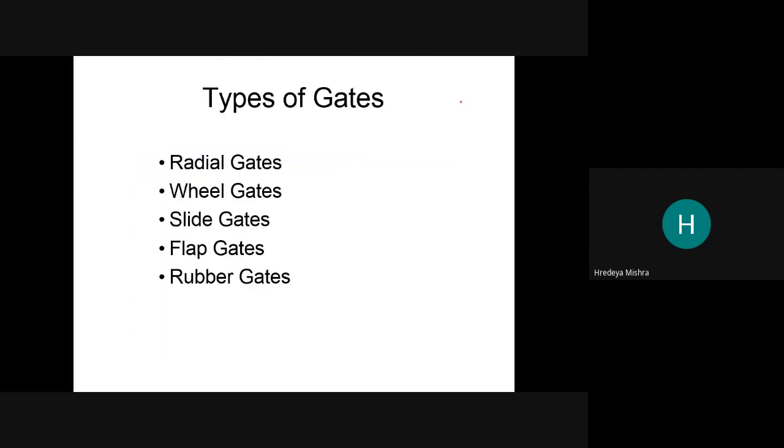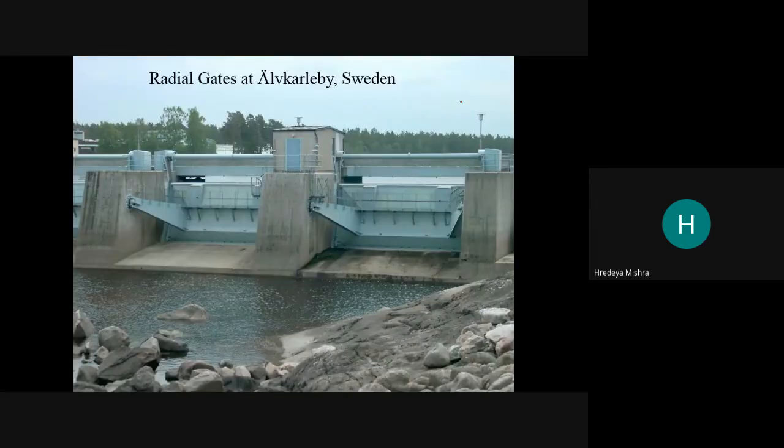Now the types of gates: radial gate, wheel gate, sliding gate, flat gate, and rubber gate. These are the types of gates. See, radial gate at Älvkärrby, Sweden. These are the radial gates.